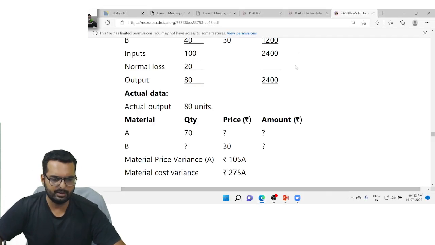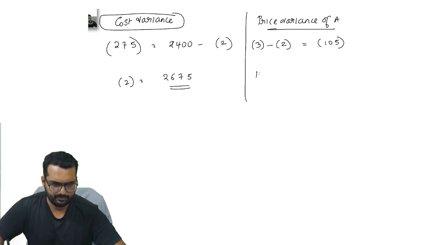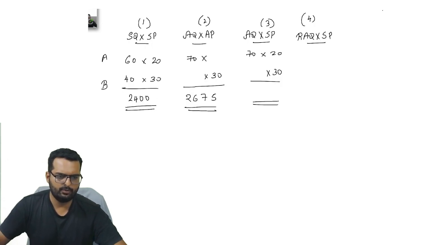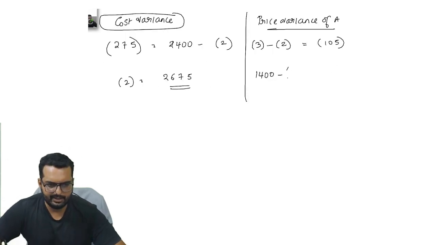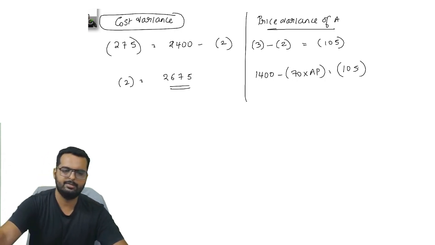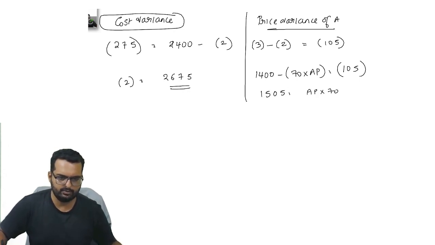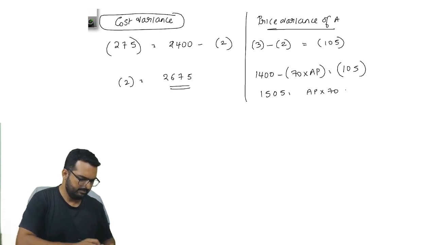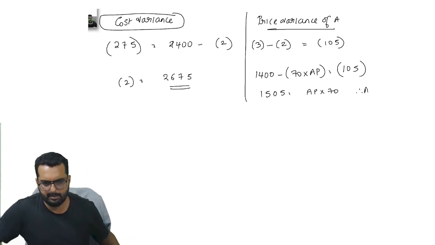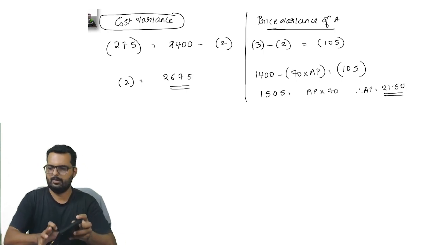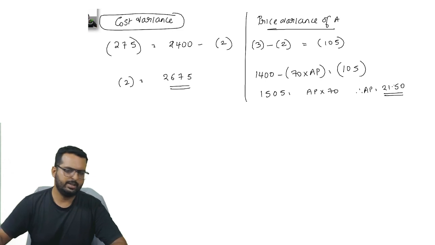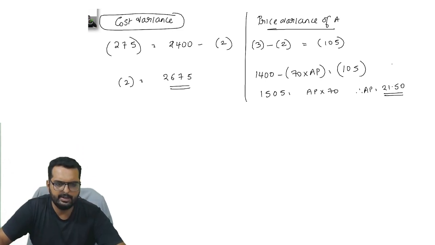Do you get the answer as 1400? 1400 minus 70 into AP will be equal to 105 minus, correct? 1505 is equal to AP into 70. Do you get the AP as 21.50? You get the answer as 21.50, right?